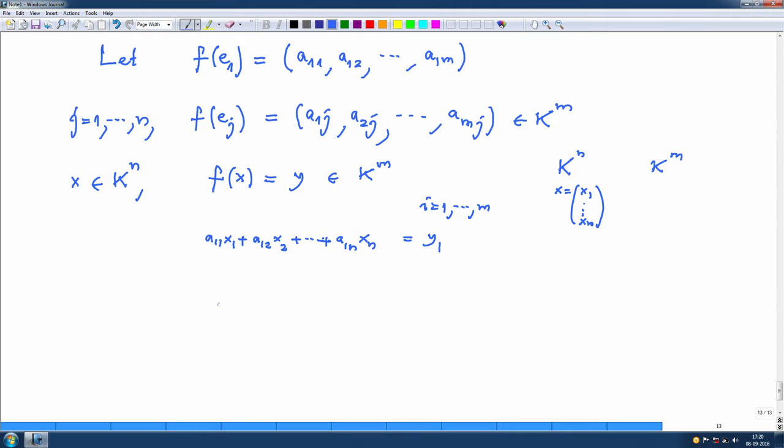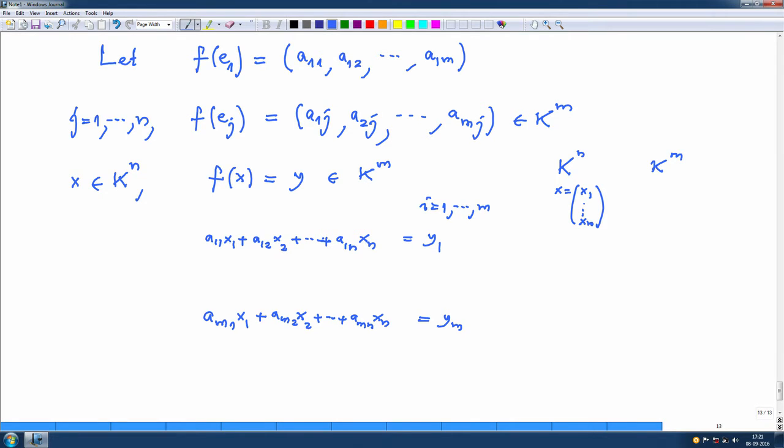So, in general the mth component will be ym on one side, and on the other side it will be am1 x1 plus am2 x2 plus amn xn. Which indeed looks like a system of linear equations.